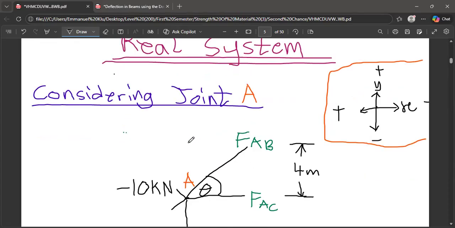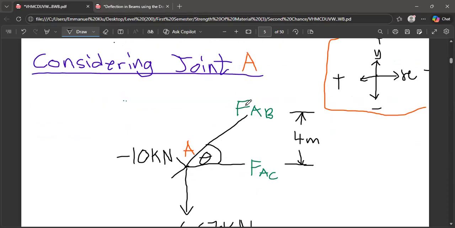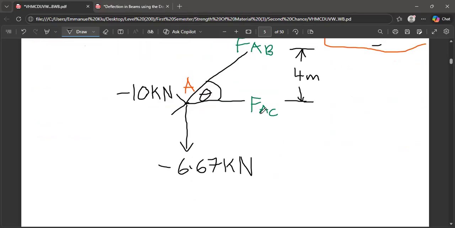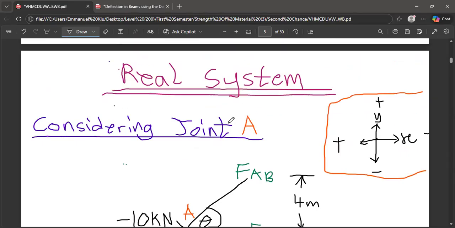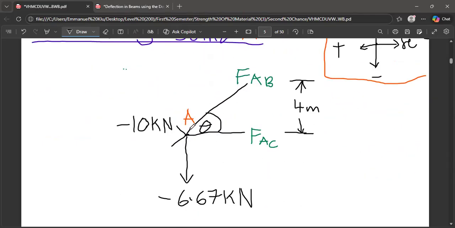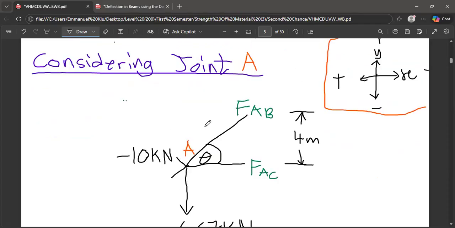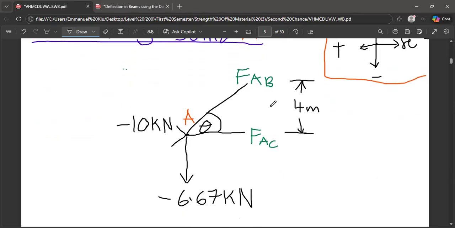So first of all, we want to calculate FAB before we come and calculate FAC. We are still in the real system, at joint A. We want to calculate FAB first before we do FAC.